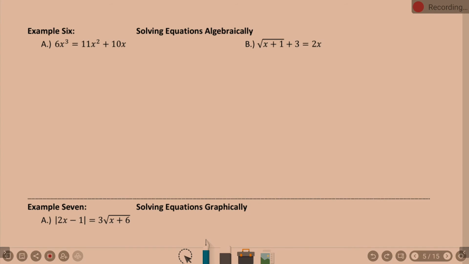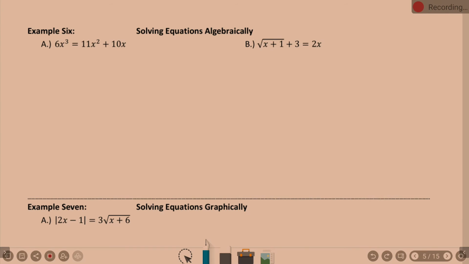Are we ready? Thoughts here of how we want to solve Example A? Subtract the x squared plus 10x. Okay.